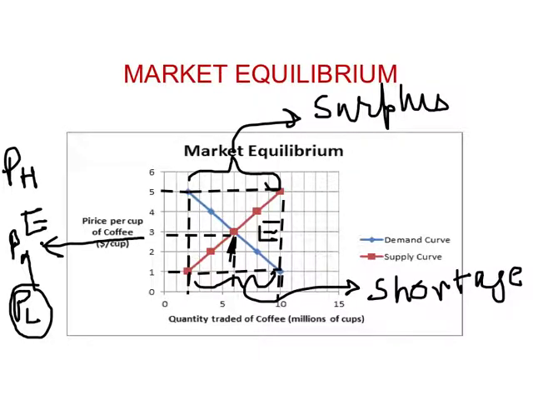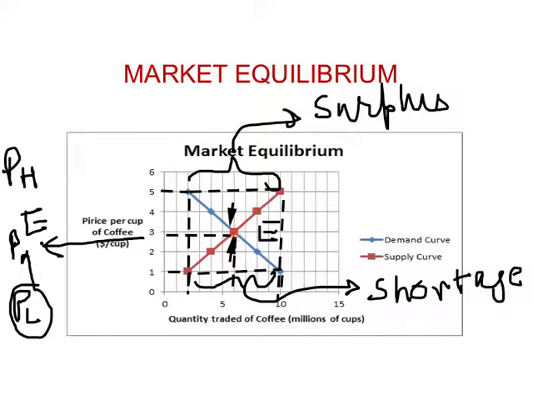When the businesses or sellers are not able to sell all that they have, one of the ways they'll try to entice the customers is they will lower the price. And as they lower the price, what happens? Quantity supplied starts to fall. What happens to quantity demanded? It starts to increase as price falls. And this will go on happening till we hit this equilibrium point.